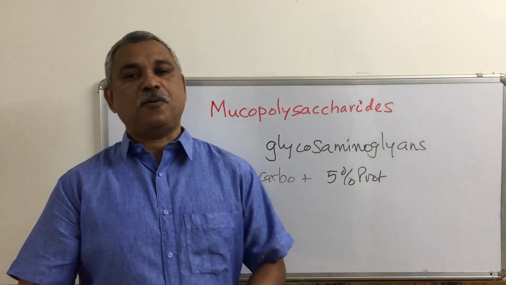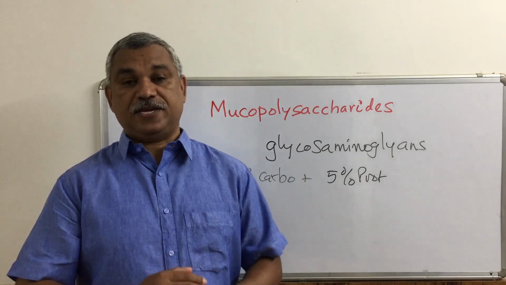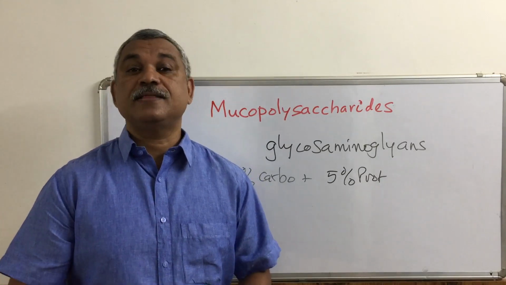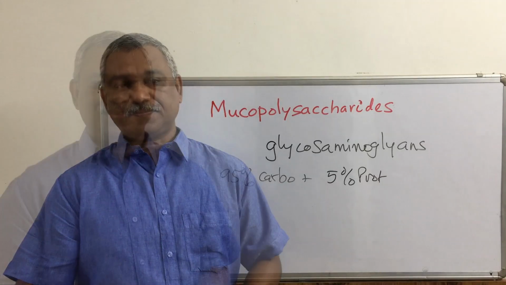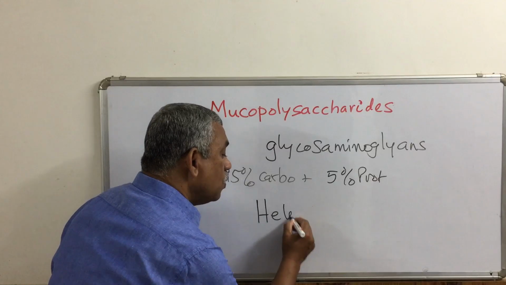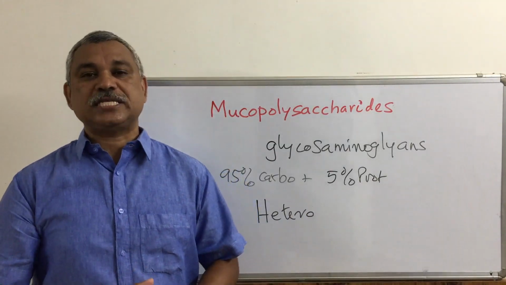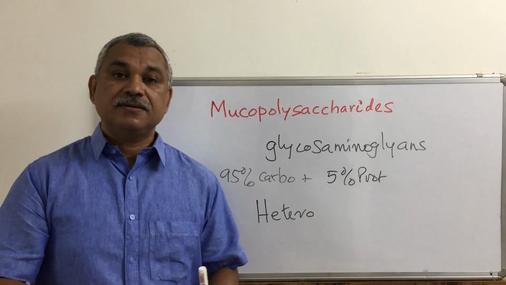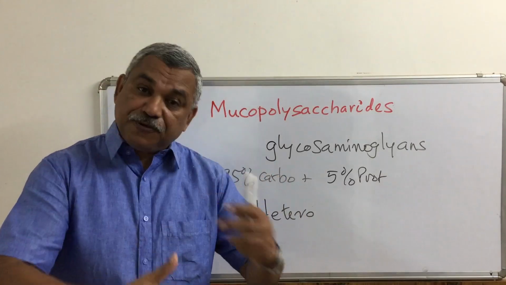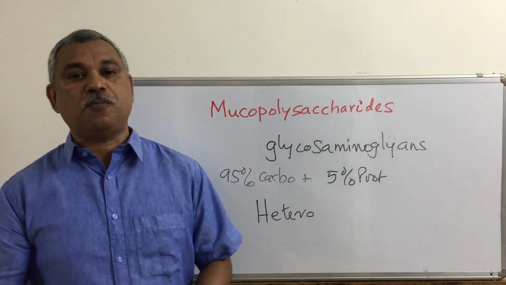When we look at mucopolysaccharides, they also have a physiological significance. We will be looking at that at the end of it. Mucopolysaccharide is a heteropolysaccharide. We understand the meaning of heteropolysaccharides. It means different monomeric units are used in order to make a mucopolysaccharide.